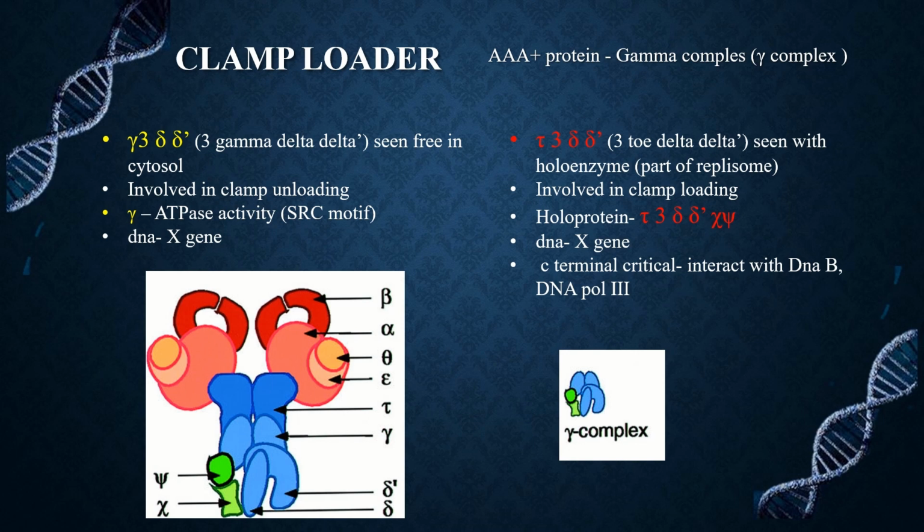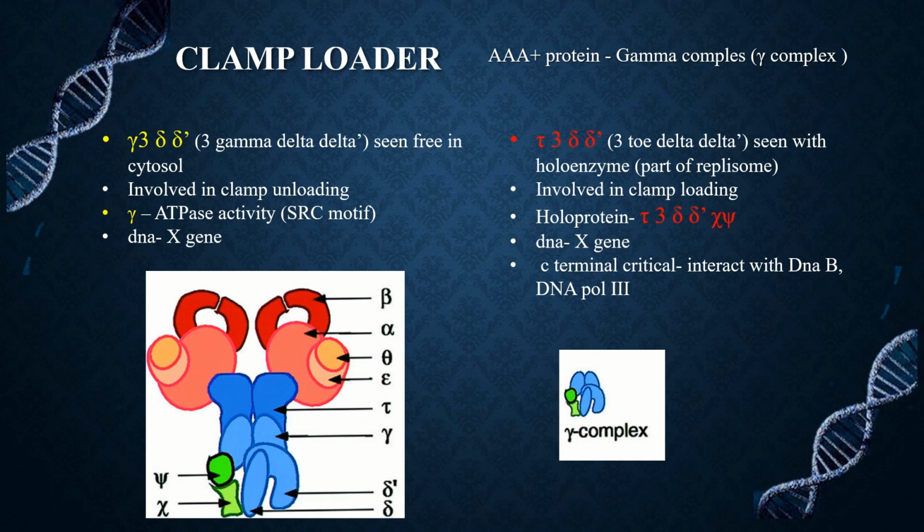Gamma3 delta delta dash is seen free in the cytosol and is involved in clamp unloading. This gamma contains an ATPase activity, mainly the SRC motif, and coming to tau3 delta delta dash, this form is seen with the holoenzyme, that is, they are part of replication and are involved in clamp loading.